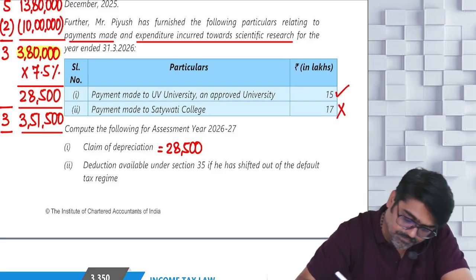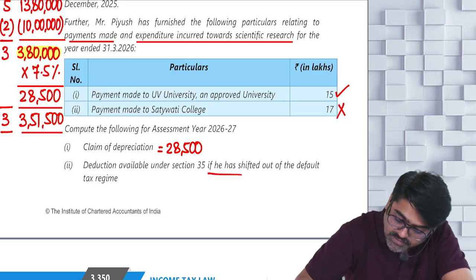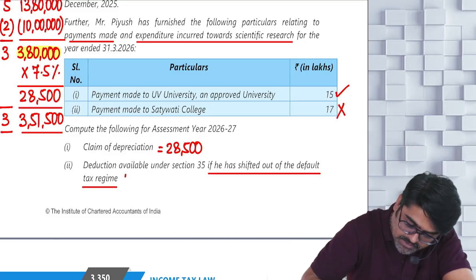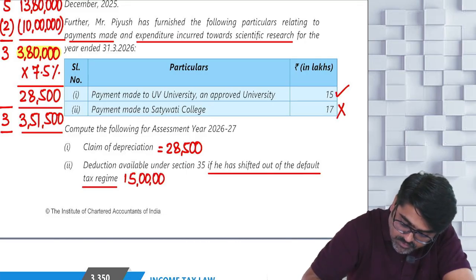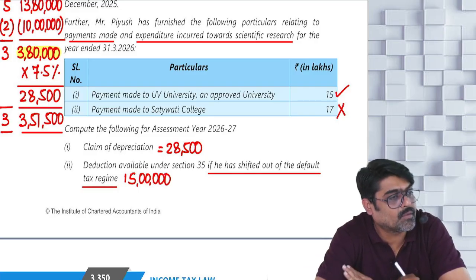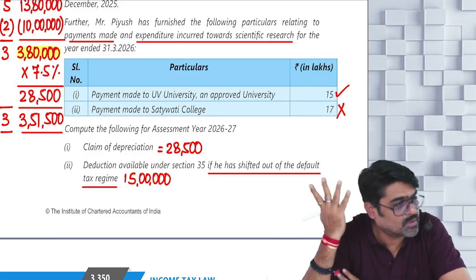So how much deduction is available under section 35? If he has shifted out of the default tax regime, how much? 15 lakhs. And if he was not shifting out, if he was remaining in the default tax regime, then that 15 lakh was also not available.